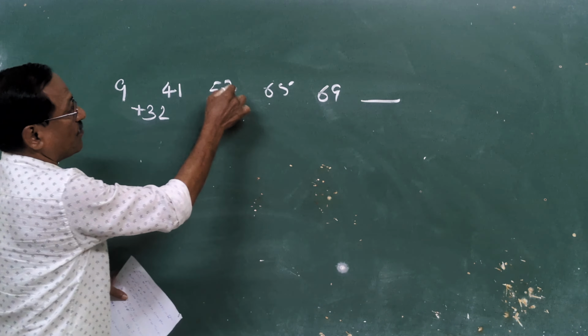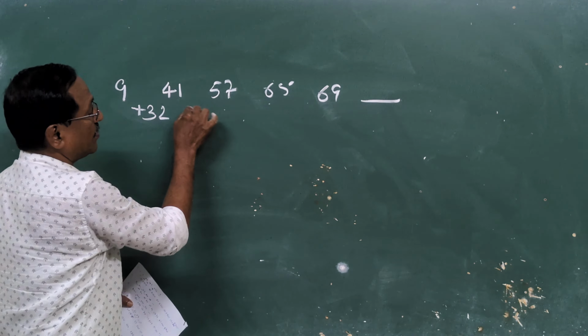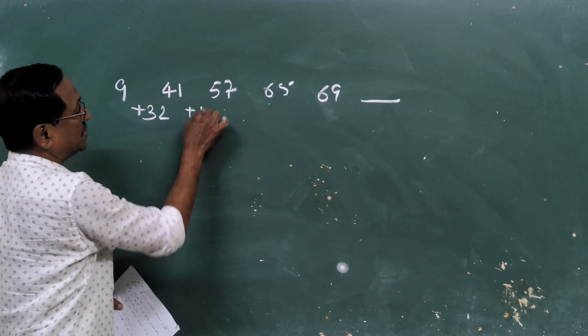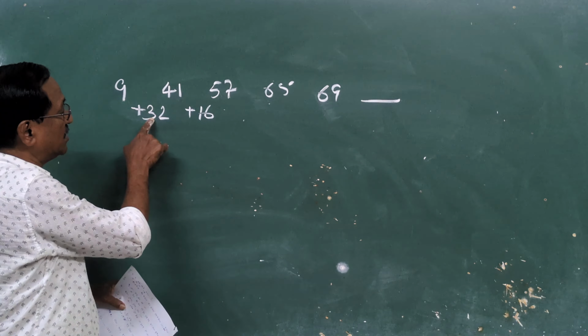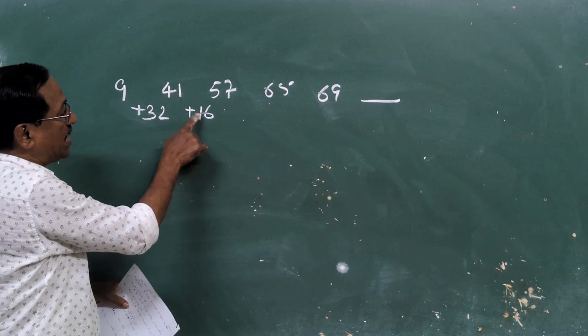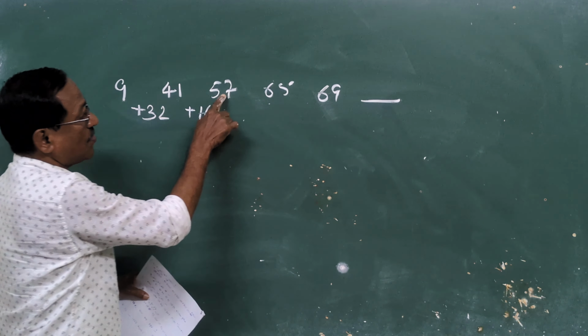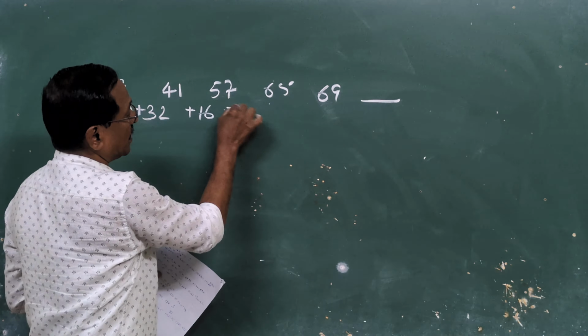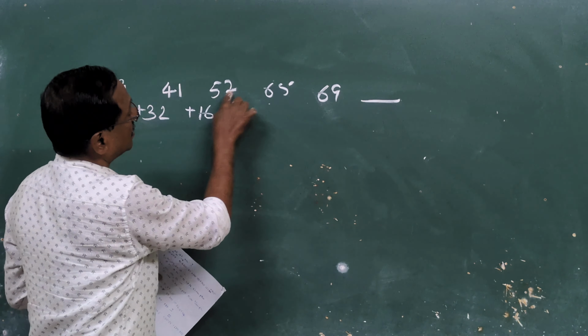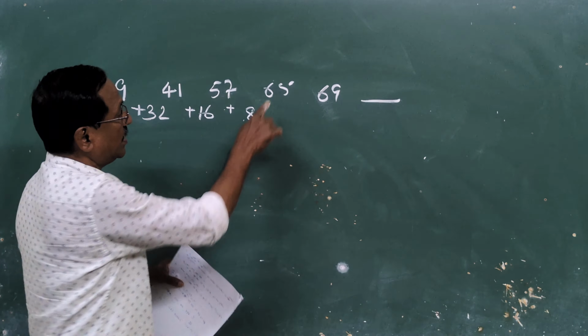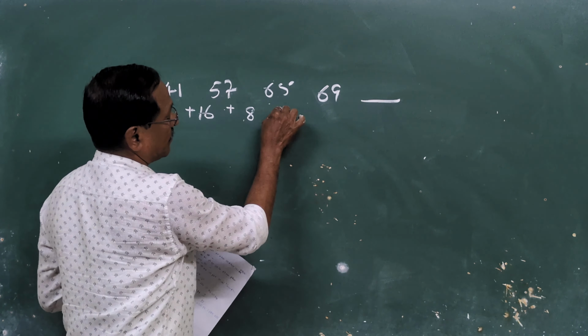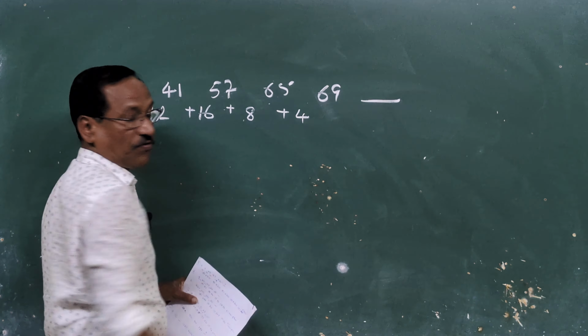Then from 41 to 57, we have to add 16. Then from 57 to 65, we have to add 8. Then from 65 to 69, we have to add 4.